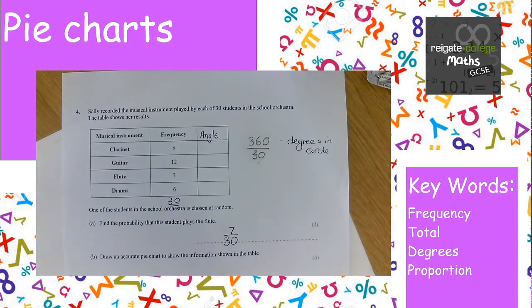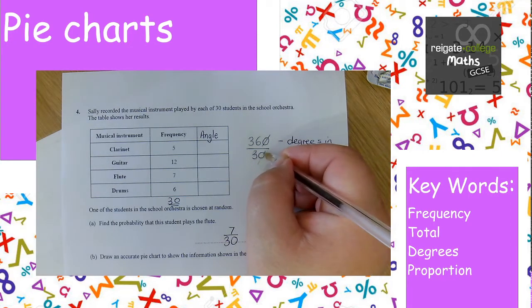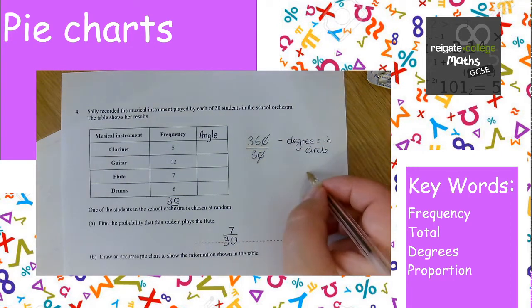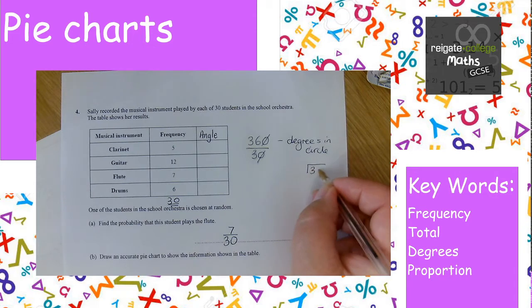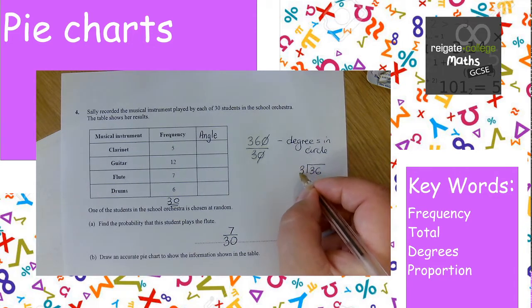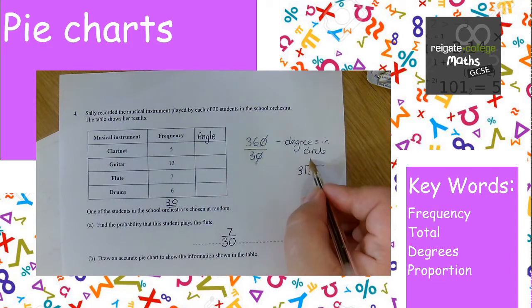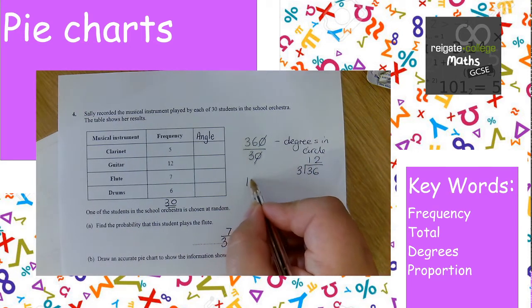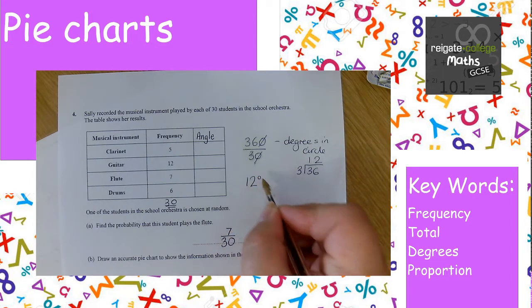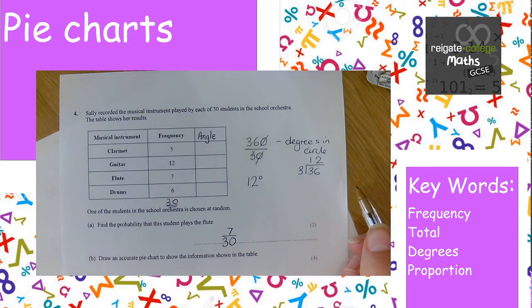I've made it a fraction so that I can simplify first by dividing by 10. Then I can divide 36 by 3, a much simpler sum. 3's into 3 go 1, 3's into 6 go 2. What I've calculated there is each person is accounted for 12 degrees.